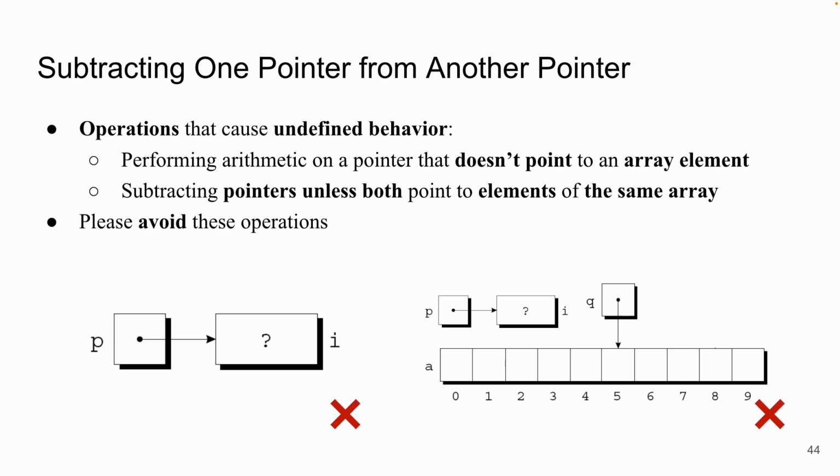And for the last thing, before we end today's class, there are two things I want to remind you. These following two things are what you need to avoid because they will cause undefined behaviors.